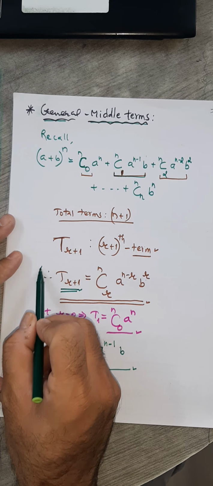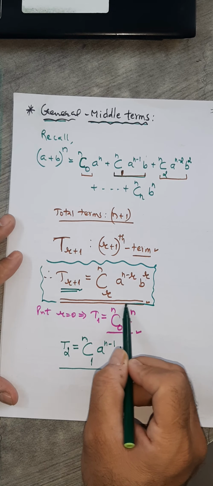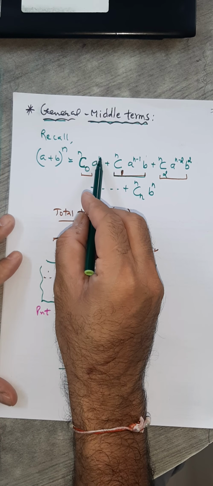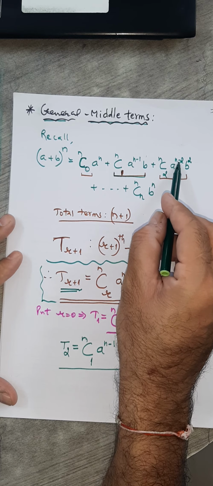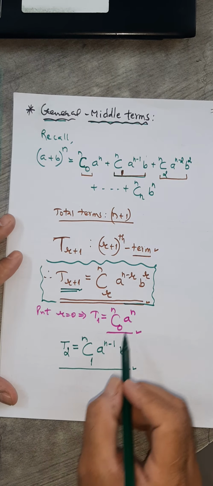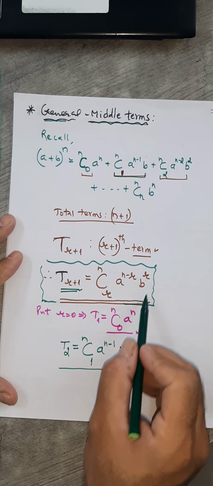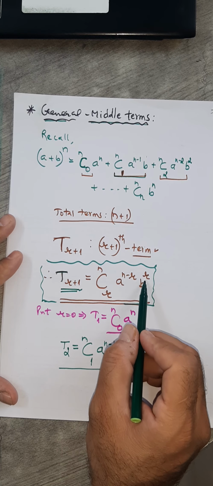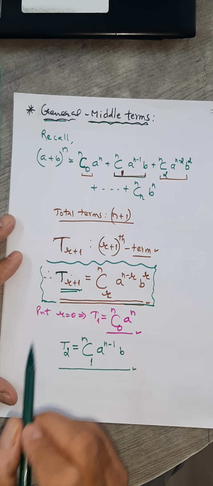So this is a very important formula we'll use effectively in the next exercise. This is just by observation: 0, a raised to n; 1, a raised to n minus 1; 2, a raised to n minus 2; and the sum of these two is always n. So it's not difficult to write this formula: nCr into a raised to n minus r into b raised to r, but this index is one less than the term number, remember.